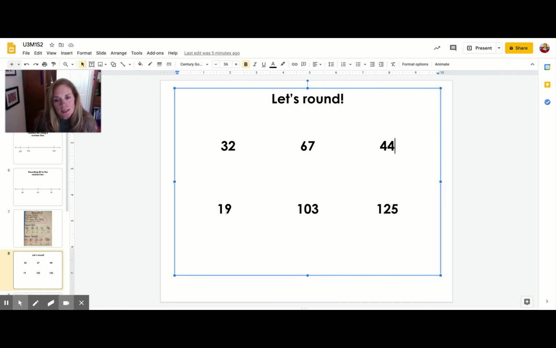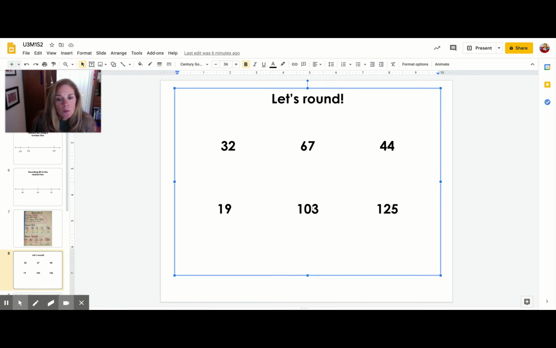For 19, you have to think, what are the tens? What two tens is this between? Well, you know it's between 10 because it tells you right there it has one 10. And the next 10 is 20. This number is between 10 and 20. So your answer is going to be either 10 or 20.